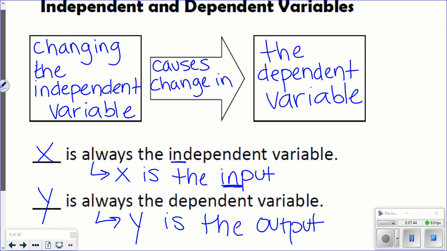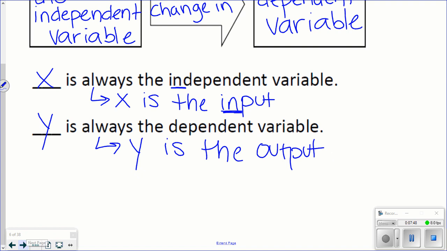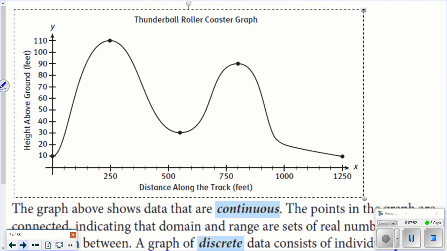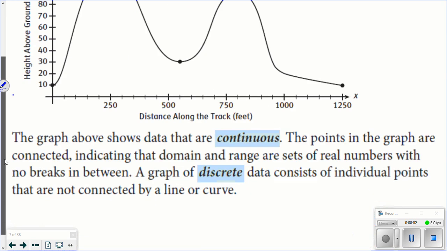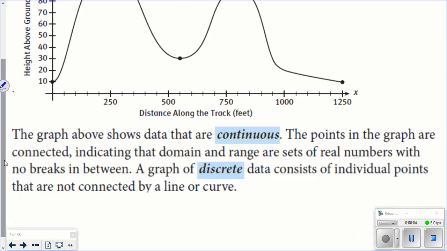Okay, go ahead and turn over to page 82. Look at all those vocab terms. It says the graph above shows data that are continuous. The points in the graph are connected. Okay, so continuous, connected.